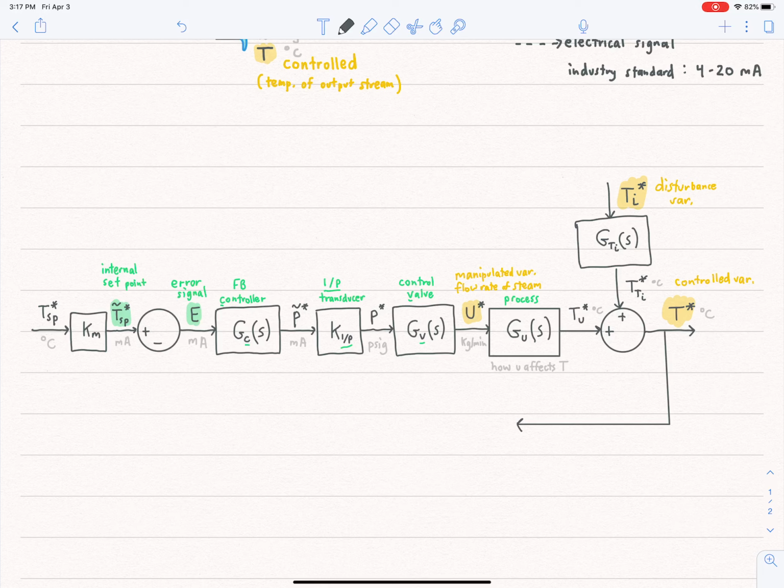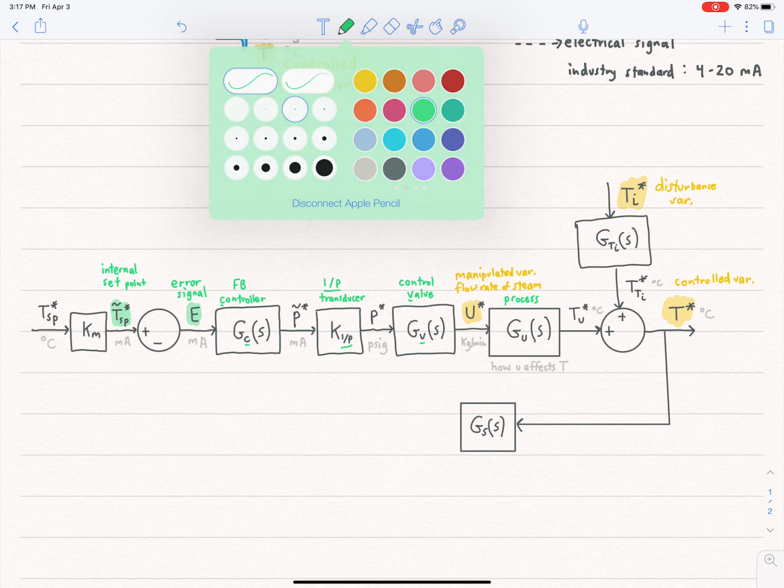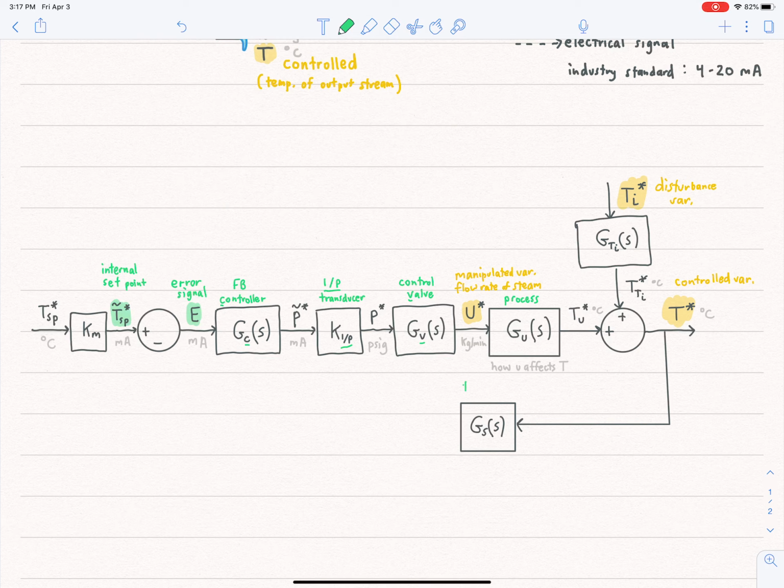So this is your sensor. And this has dynamics as well, because it's not an immediate reading necessarily, right? There's heat transfer that needs to occur in order for your sensor to read the temperature. We studied that in CH 361. So this is your temperature sensor. So that's why the S is there.